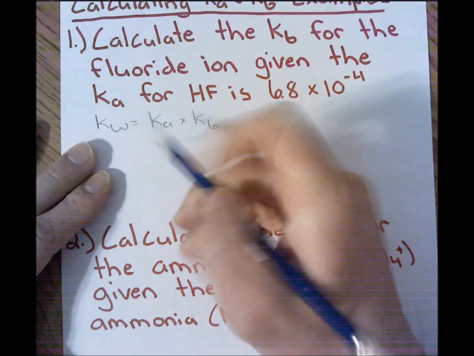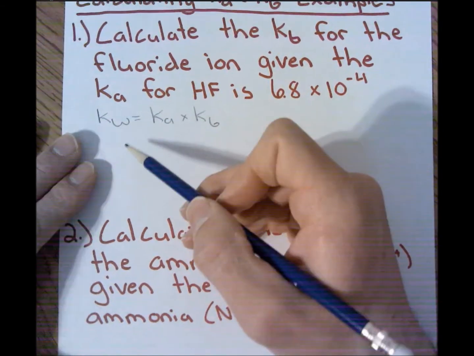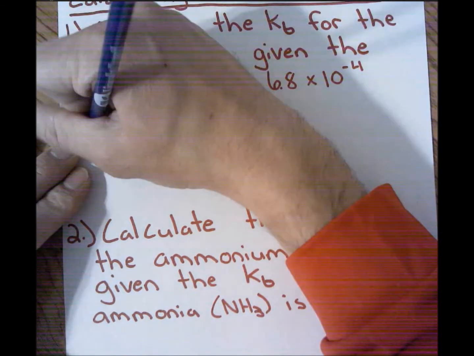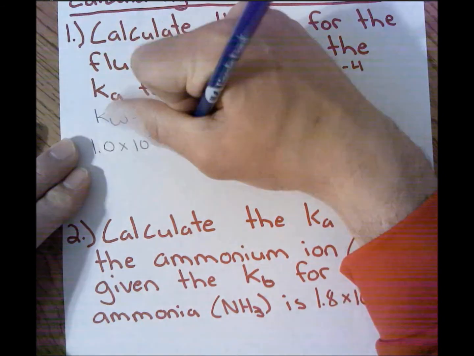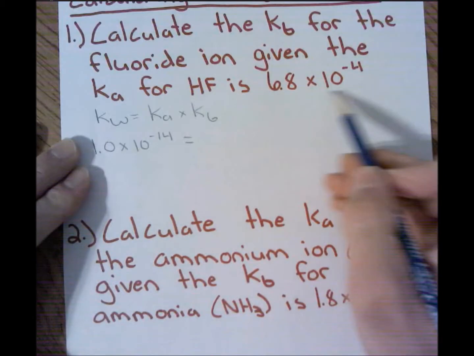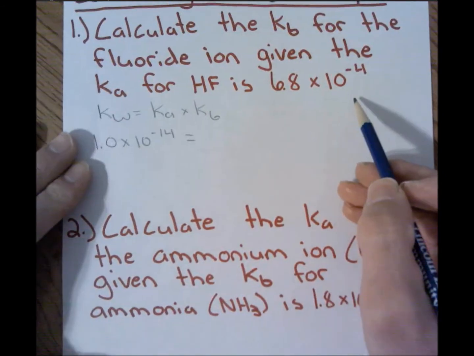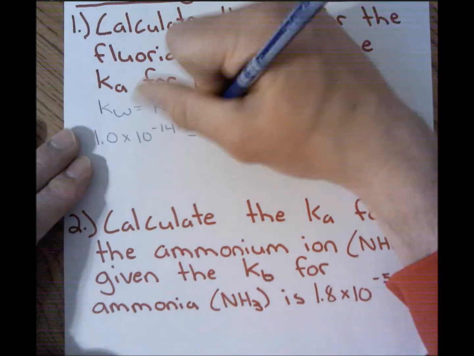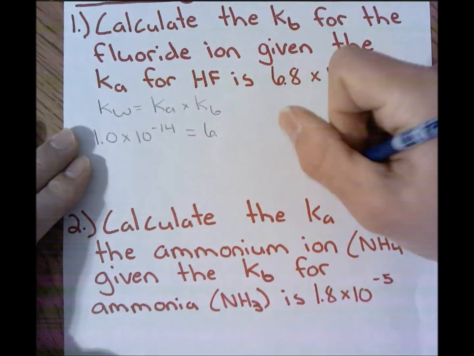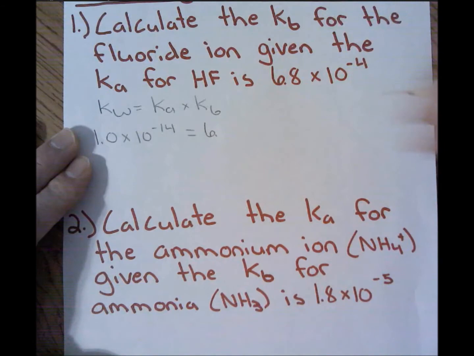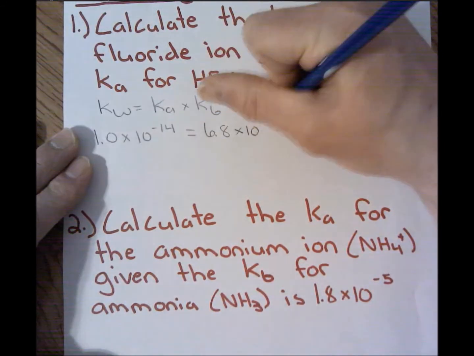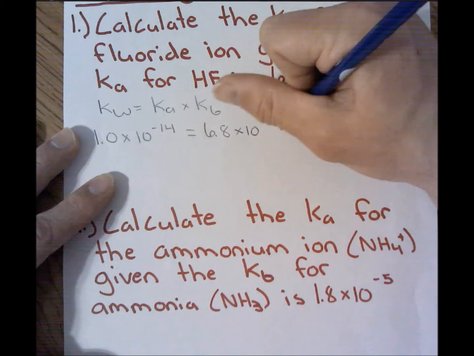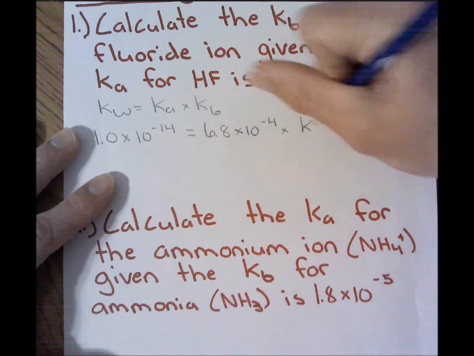Kw, from prior experience, is equal to 1 times 10 to the negative 14th, equals our Ka, which is given, or you can look it up in the chart on page 1062 of your book, 6.8 times 10 to the negative 4th, times our Kb.